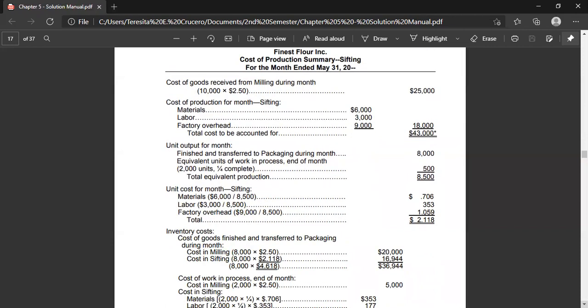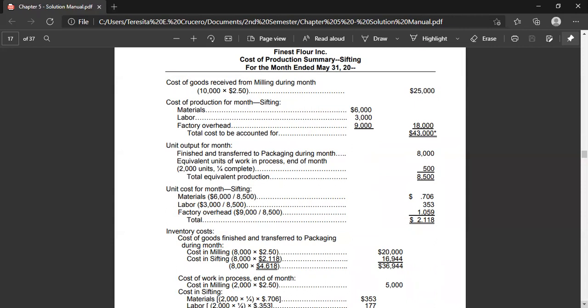Then for the unit cost for the month, shifting, we have the amount of the unit cost for materials taken by dividing 6,000 by 8,500 equivalent production.